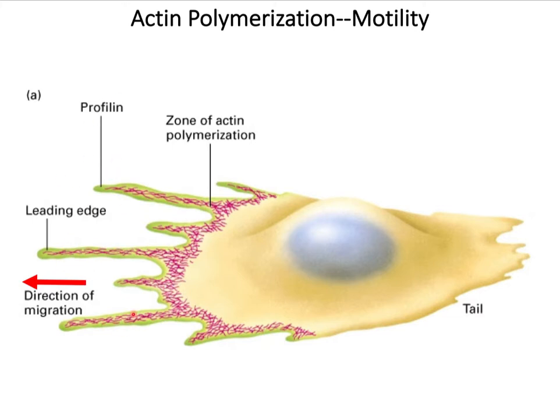As these actin filaments grow, profilin is promoting the growth of these filaments. You have an extension of this membrane, which facilitates the movement of the cell. What's interesting is that the polymerization of actin is happening at this leading edge, and not necessarily just by adding straight filaments, but they are actually branched filaments.